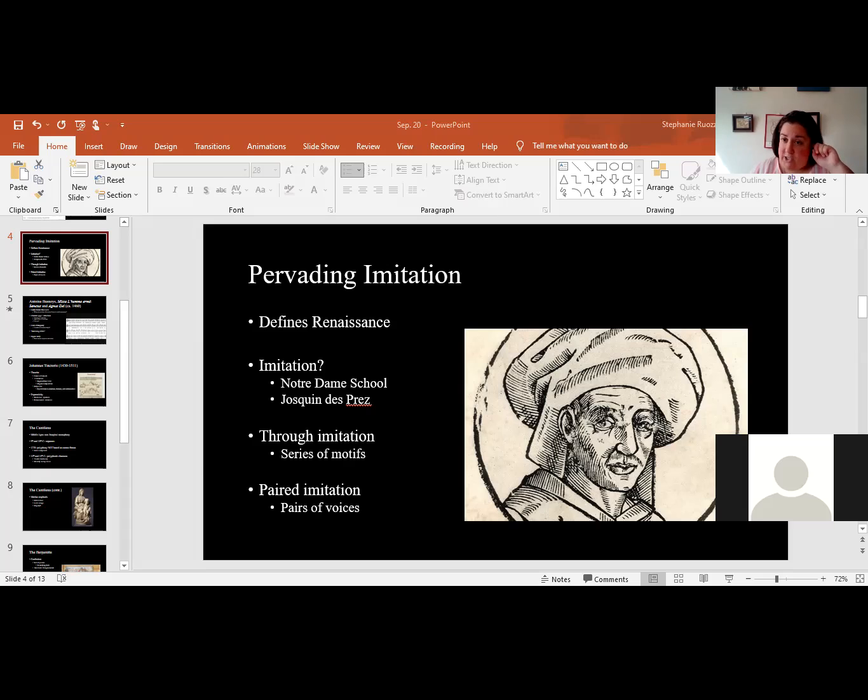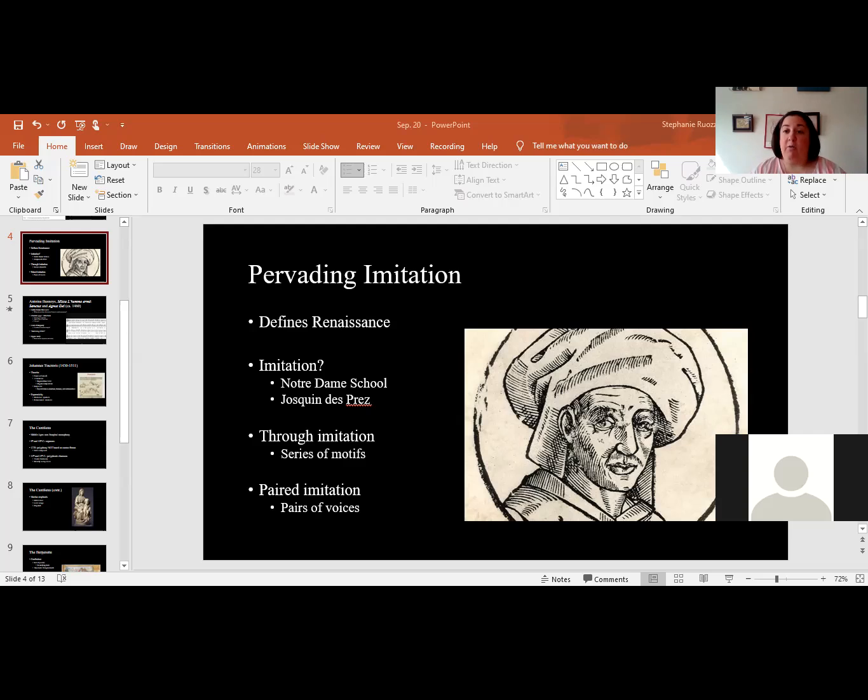So we can take this to the extreme and call it through imitation. That's when a piece consists entirely of one motif after another that is then repeated in turn throughout all the voices. It's like the motifs are just echoing off the walls back at you. One singer sings a motif, and then we spend the next few minutes passing around that motif.